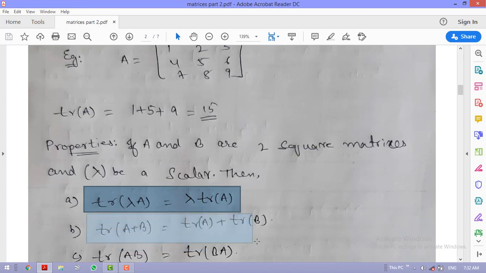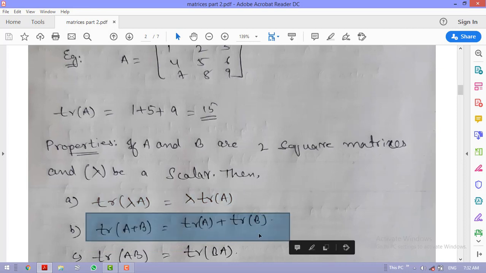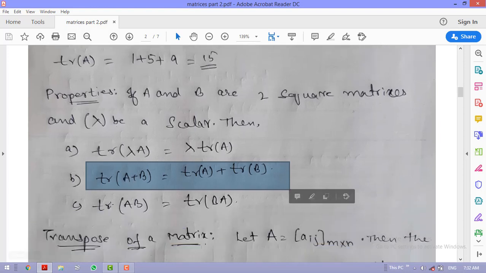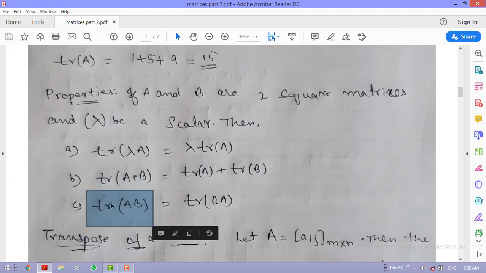Okay, and after that we have trace of A plus B is equal to trace of A plus trace of B, right? So if you have two matrices A and B, and you apply an addition operation to them, and after that you take the trace of the resultant matrix, then that will be equal to the trace of A plus trace of B. Okay, and the third property is trace of AB is equal to trace of BA, right?